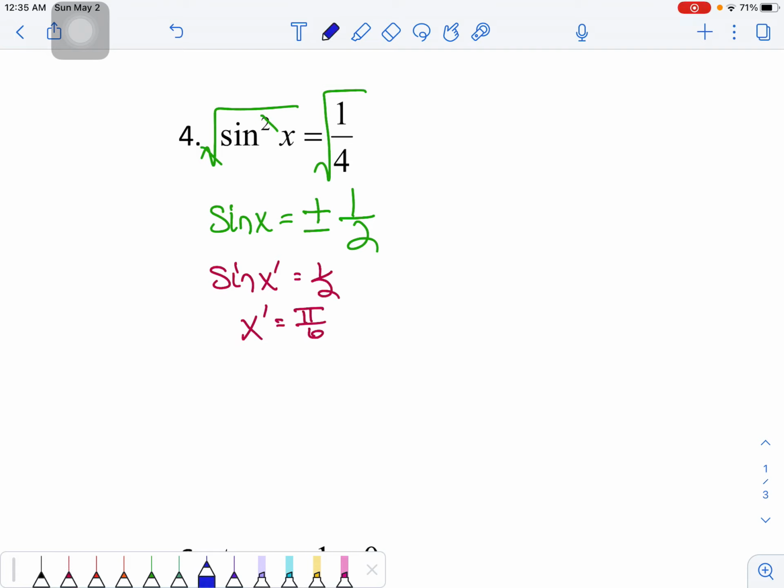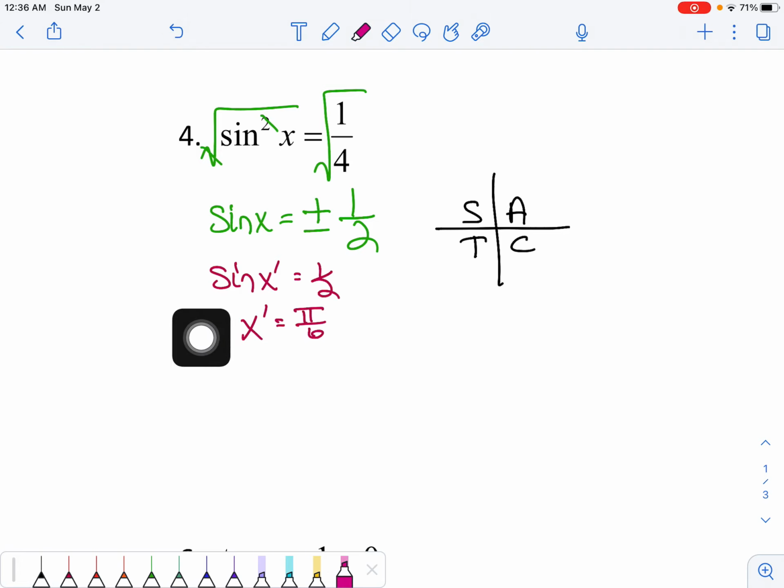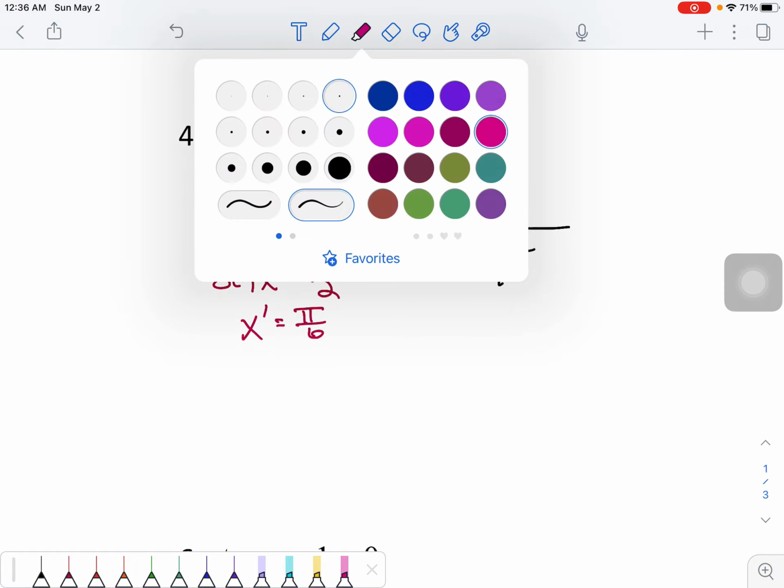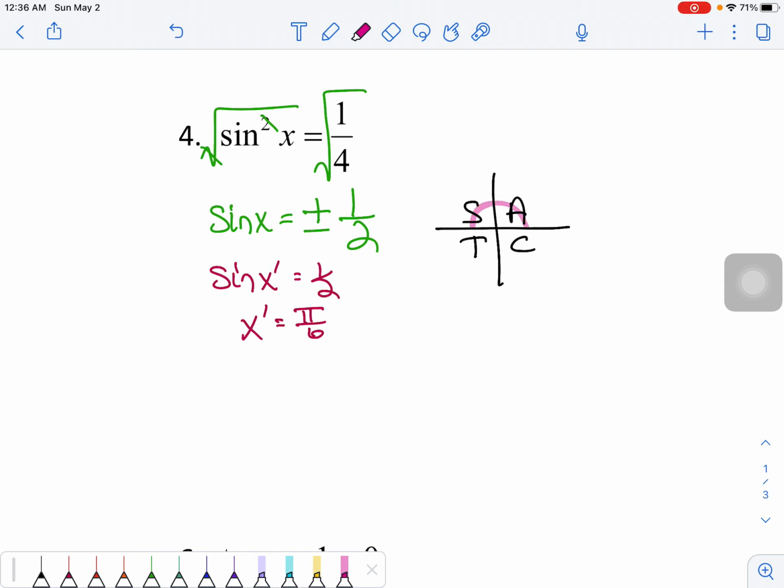All right, now if I look at the unit circle, I want to talk about ASTC. Let me actually put the right numbers in the right places. All right. So we've got sine here that's positive, right? Sine is supposed to be positive 1/2. Well, that would be the top half of my curve here, okay? So let's figure that part out first.